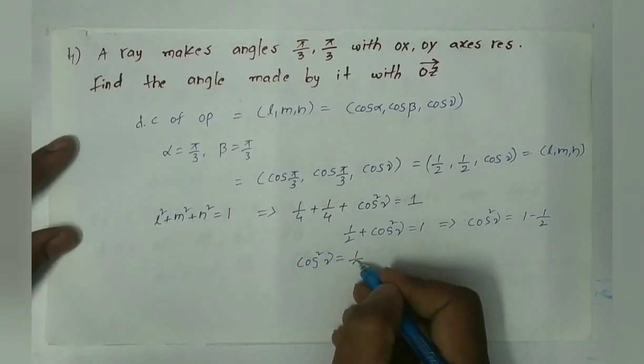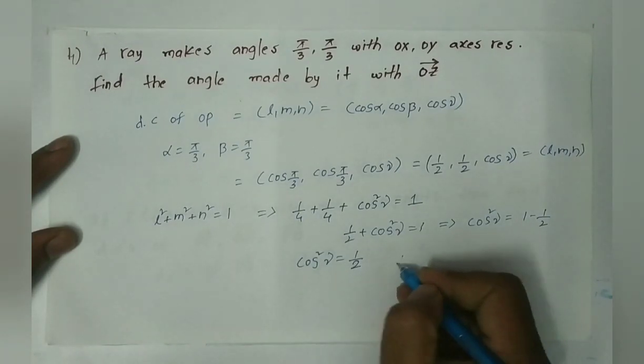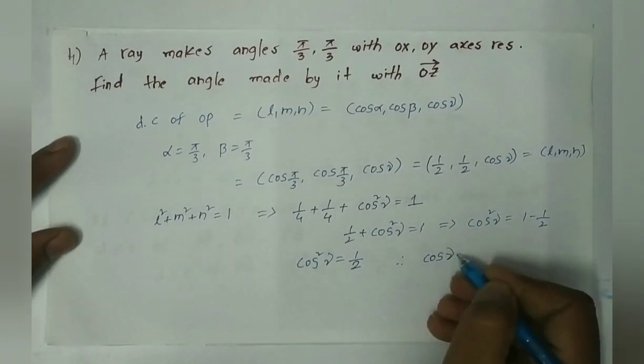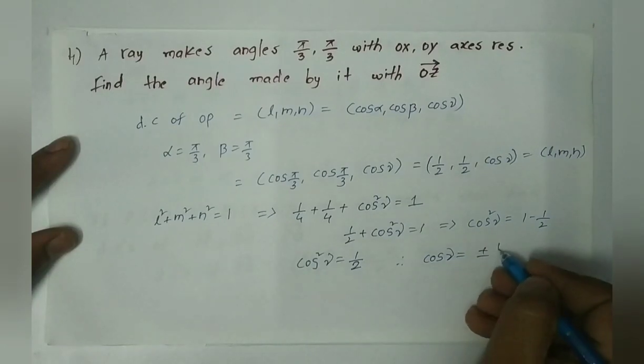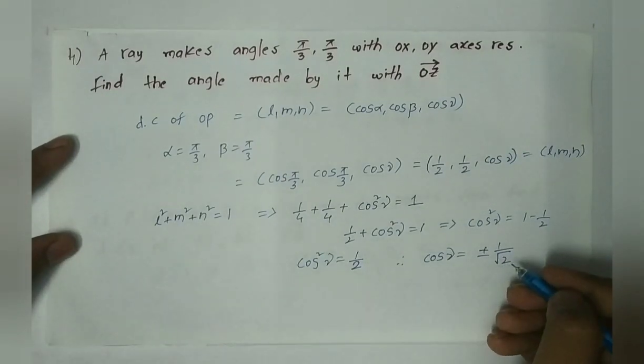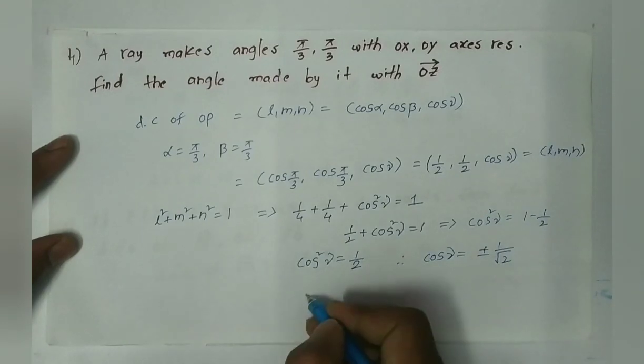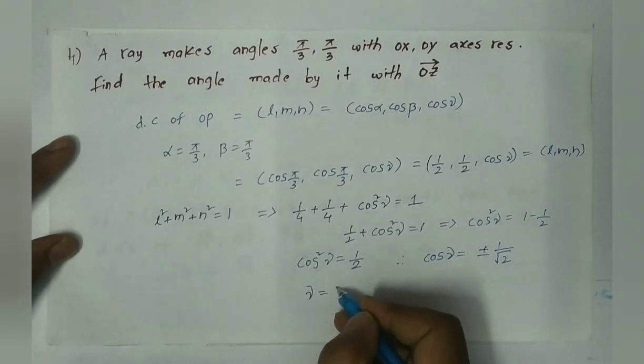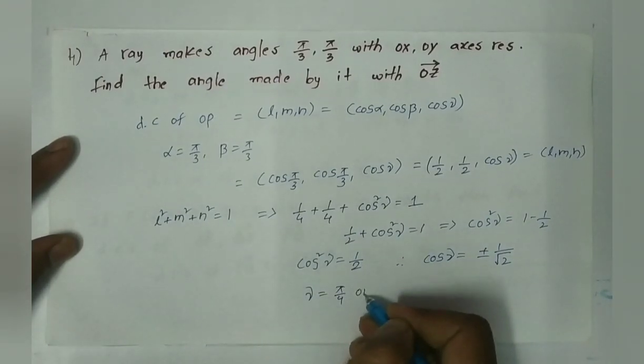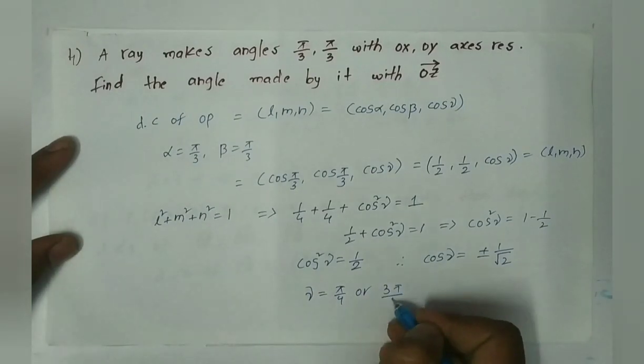Therefore cos gamma is plus or minus 1 by root 2. So gamma is equal to either pi by 4 or 3 pi by 4.